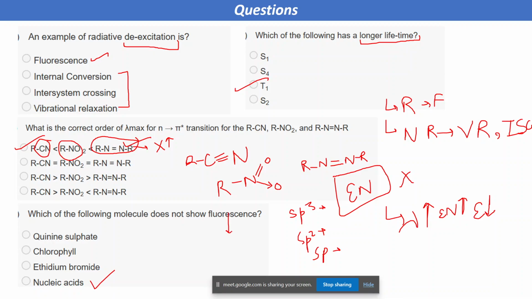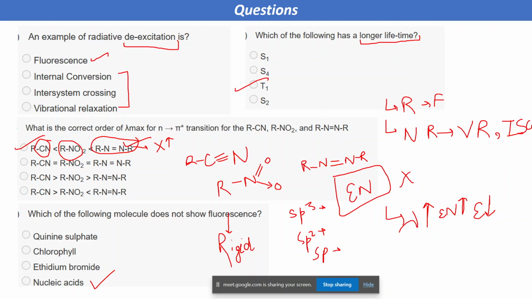It should be rigid, should have delocalized electrons with good overlapping, intense absorption bands, and a shorter excited state lifetime.